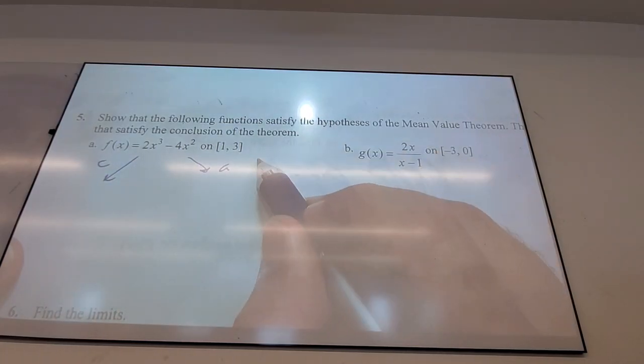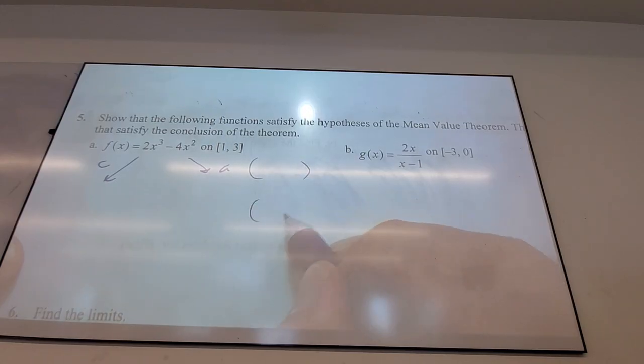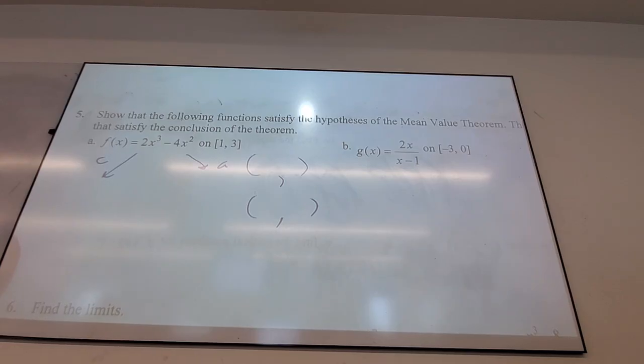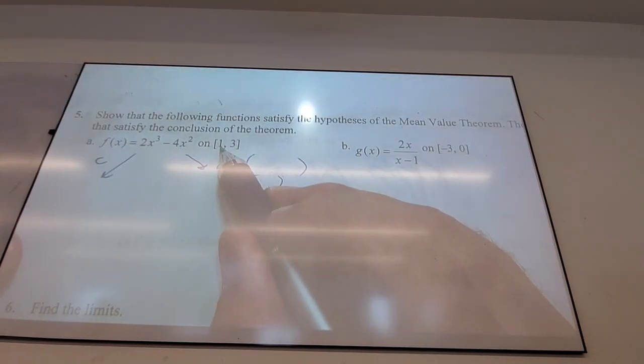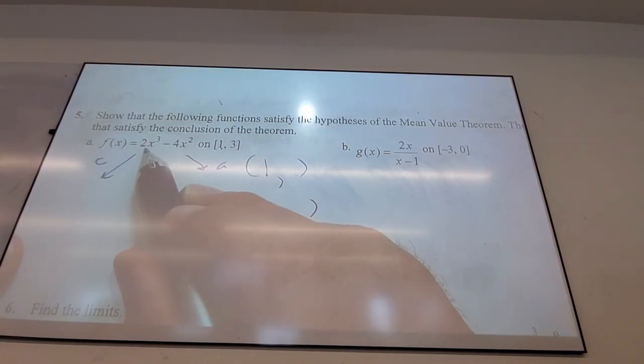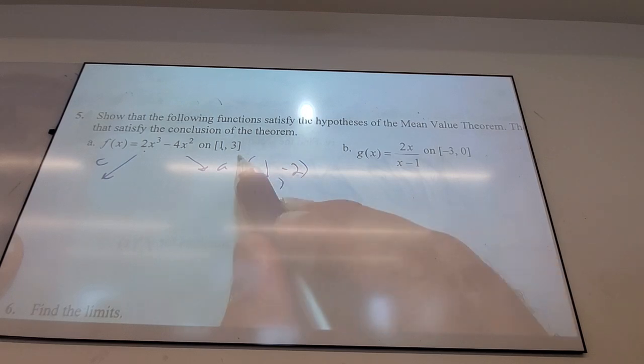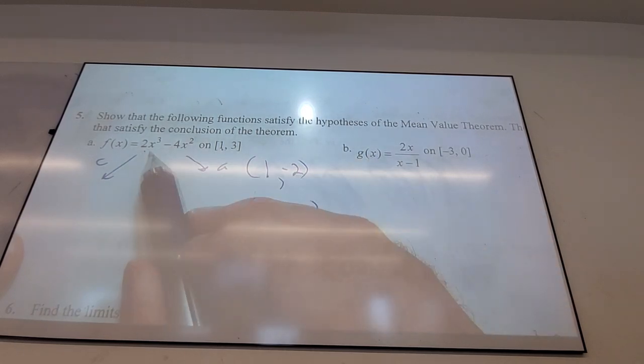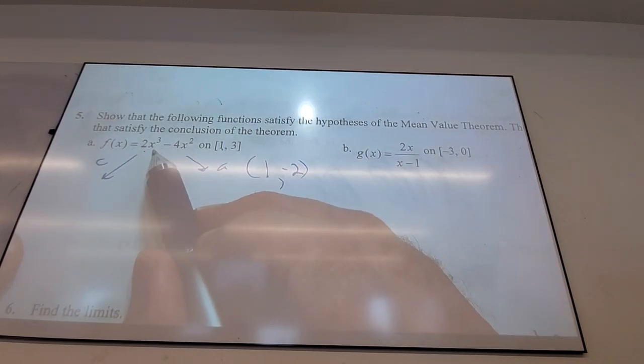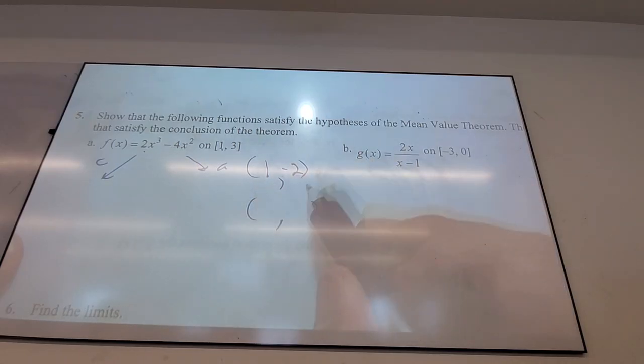So if I do the algebra way, what do I have to find first? Well, in order to find slope, what do I have to find first? Points. So I plug in 1, and I get 2 minus 4. I plug in 3, and I get 54 minus 18?